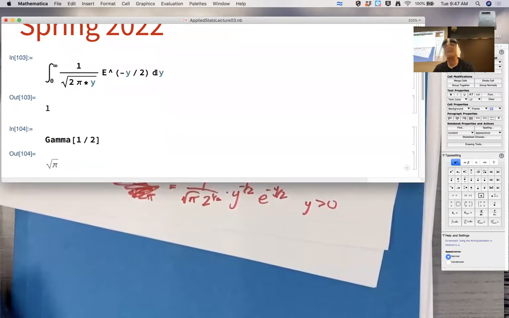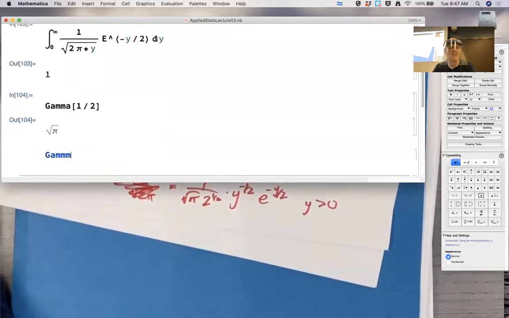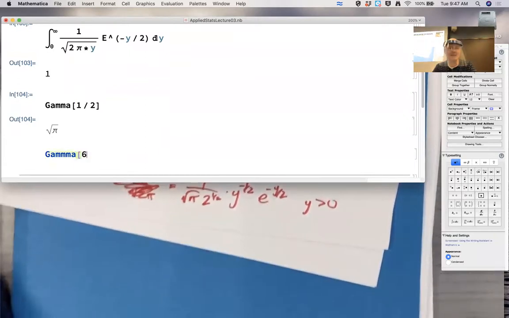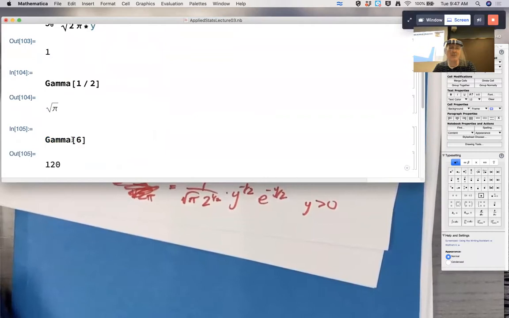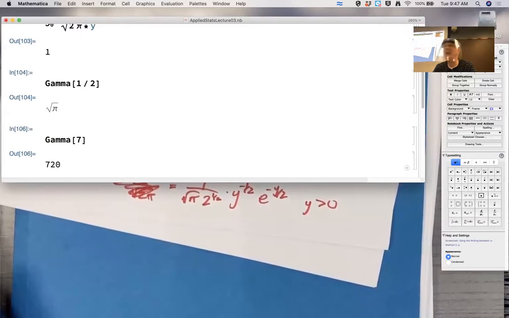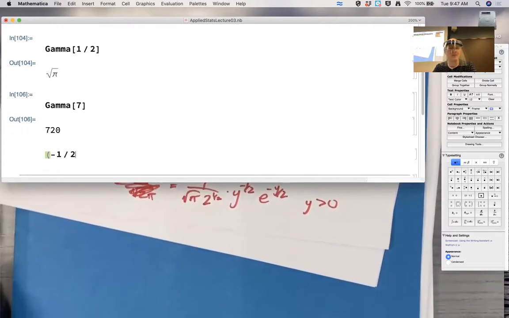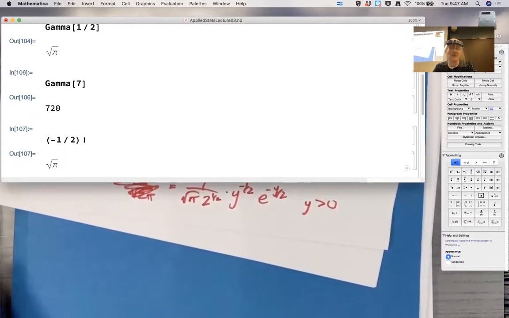Wait a minute. Isn't the gamma function the factorial function? Gamma of 6 is 5 factorial. Gamma of 7 is 6 factorial. Remember that? What? How could you gamma of 1/2? What is that? Negative 1/2 factorial? Can Mathematica even do that? I guess so. What?